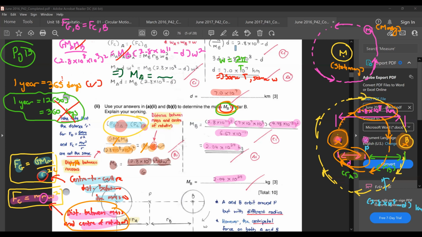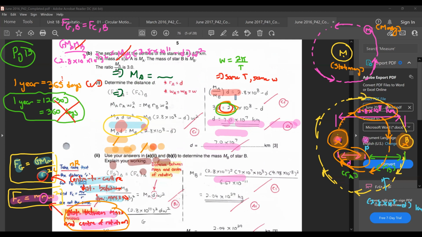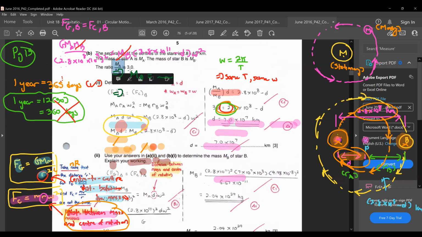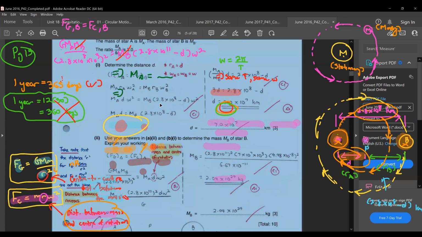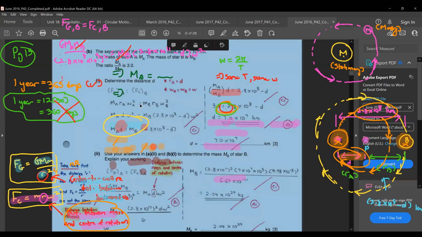But you can actually do something with this value, because your question originally gave you the ratio of MA to MB. So if you had started with gravitational force equals to centripetal force for B, and then eventually got the mass of A, you could have turned it around by using this ratio that has been given to you.